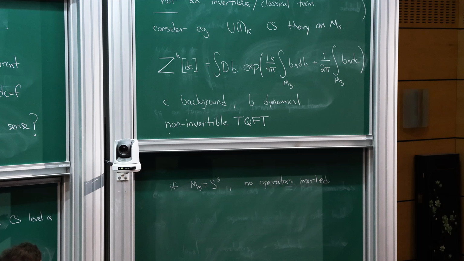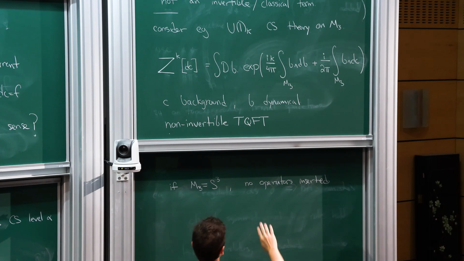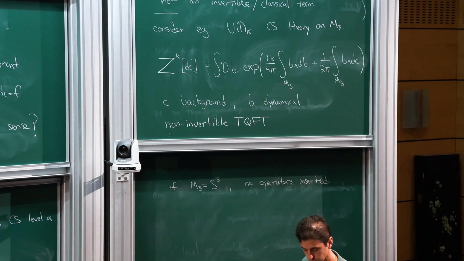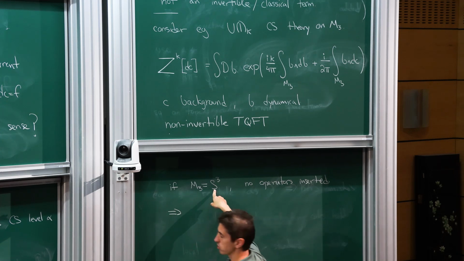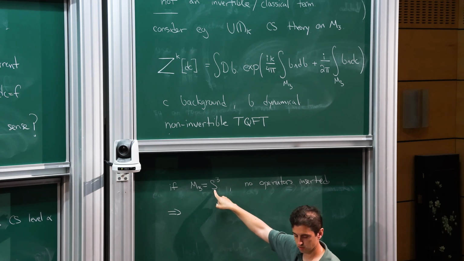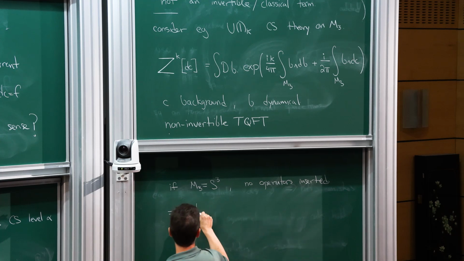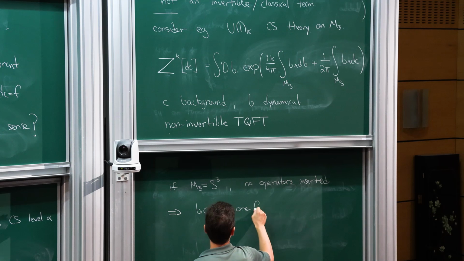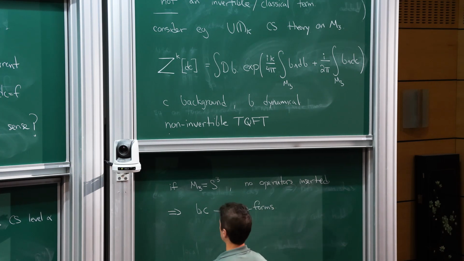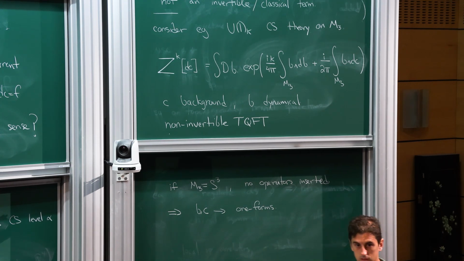Let's just, for the moment, take M3 to be S3 and evaluate that partition function. Because there's no interesting topology on S3, B and C are no longer connections, but they become one-forms. All U(1) gauge fields are topologically trivial on S3.